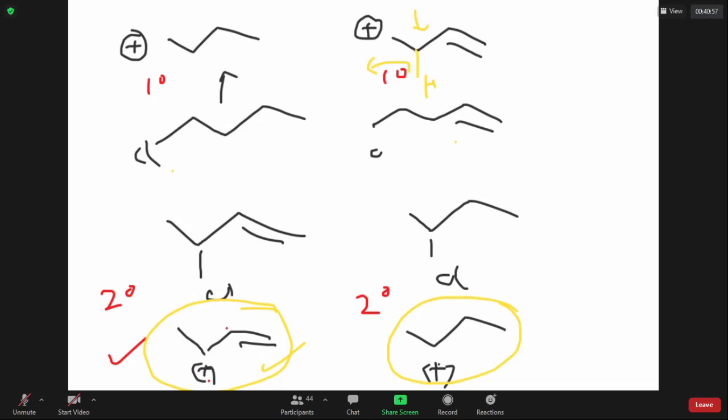Once this gets positive charge, it is identical to C. Can you see that? Yes, sir, we can see. Therefore, obviously the order of reactivity is C greater than D greater than B greater than A. A is worst. Okay?